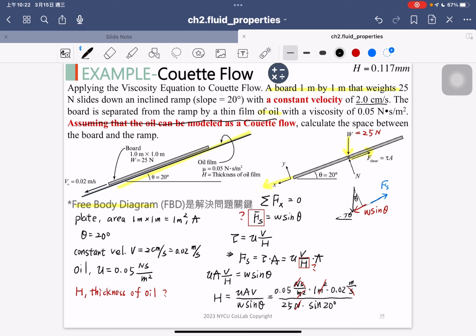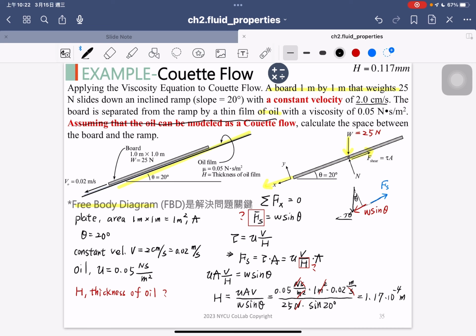Okay, so you can just use your calculator to double check whether the final answer is correct or not. Okay, so for me, I quickly calculated. The answer is around 1.17 times 10 to the minus 4 power, and the unit is the meter.